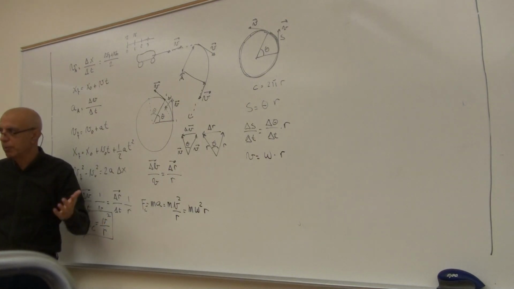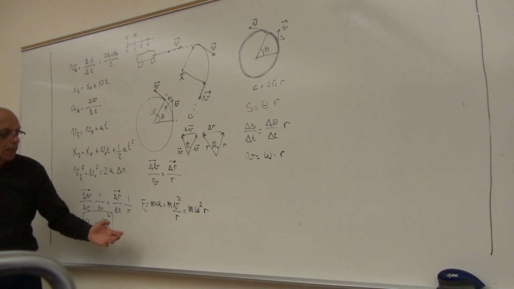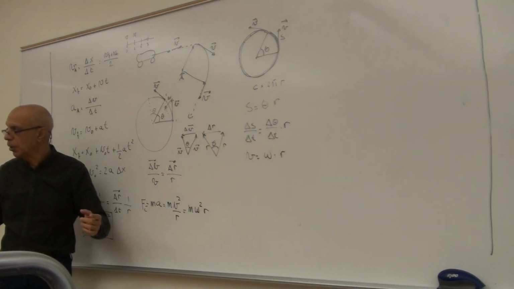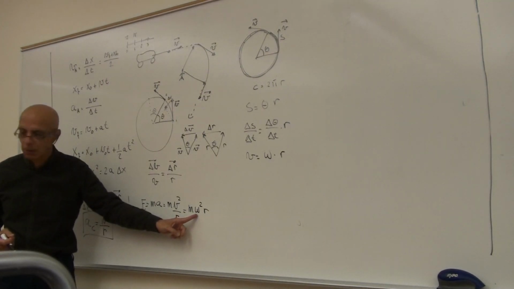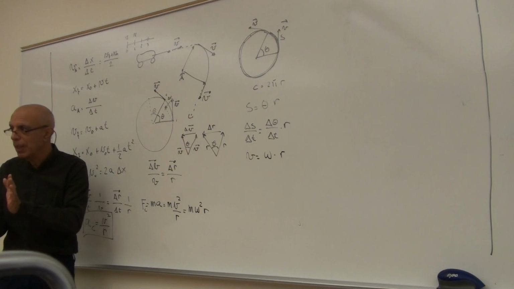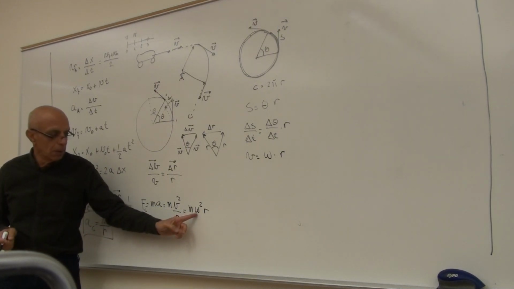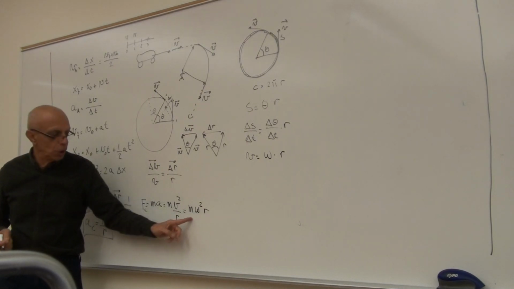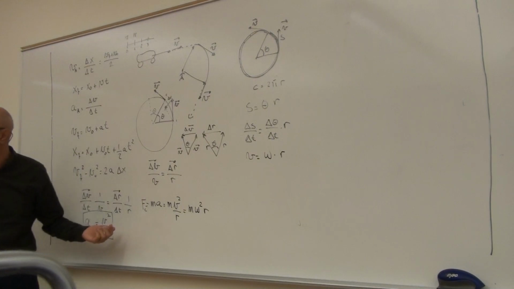So what would be a word problem? I can say something is going on a circle with an angular velocity in radians, the angle we measure in radians, and at a radius of 10 meters or whatever. So you just plug in here and you can calculate your force. Okay?